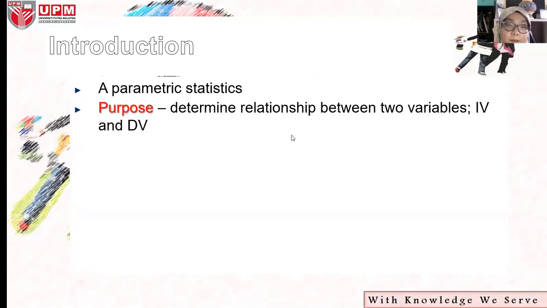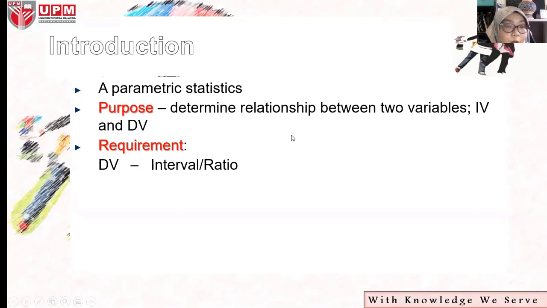In terms of the requirement, both IV and DV must be in either interval or ratio scale of measurement. Only these two scales of measurement. You cannot have a categorical scale of measurement to run the Pearson product moment correlation.